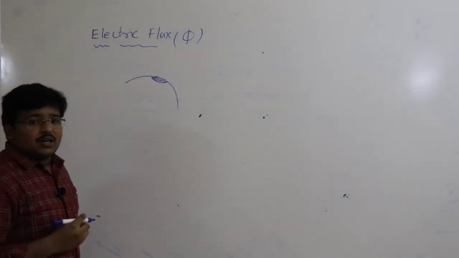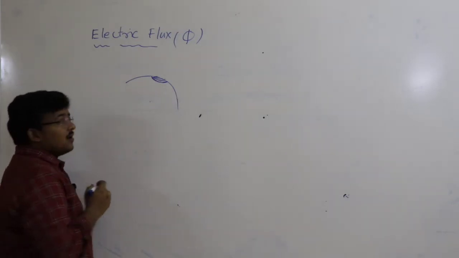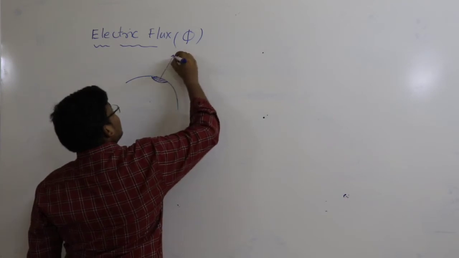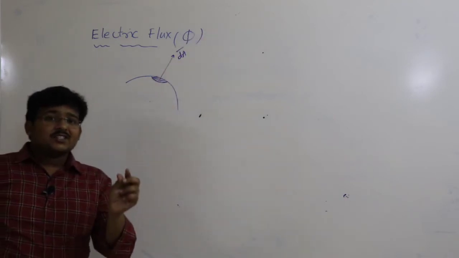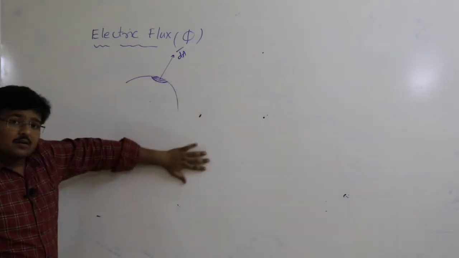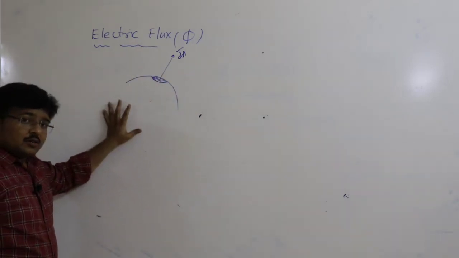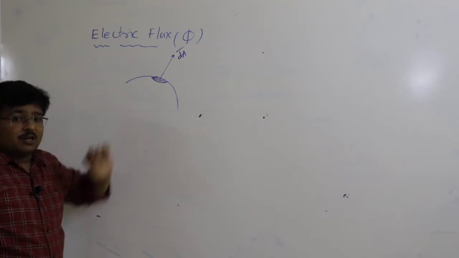This is a small element where its area is called as dA bar. d means a small element. For the entire object, we are just taking a small element.